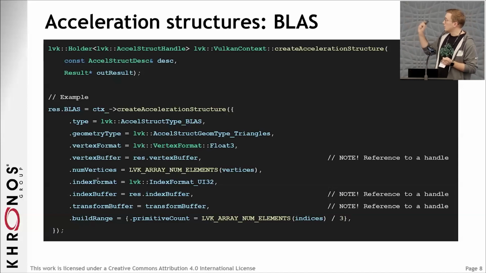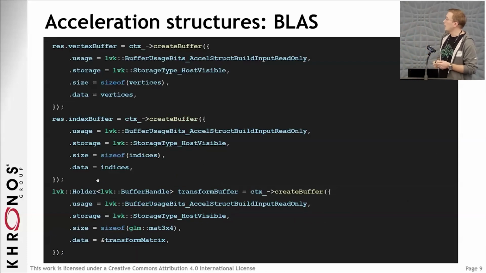As you can notice here, we use other handles, index buffer handle, transform buffer handle, vertex buffer handle, to refer to other objects related to this acceleration structure object. You can see how we create them: pretty much the same, with different handles for buffers that we used previously for built-in BLAS.